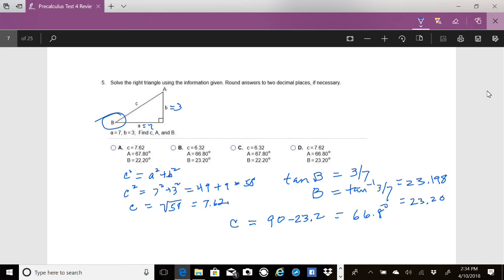And notice that that answer is answer D, 7.62 for C. Notice the angle we just calculated was angle A, where we took the 90 degrees that makes up A and B and subtracted B. So excuse me, the A is 66.8.